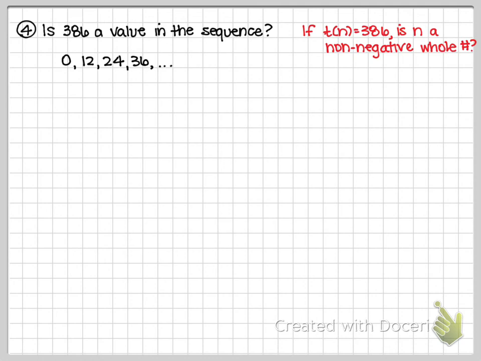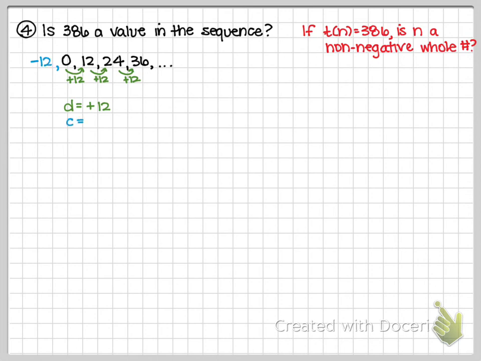All right, take a look at this. Common difference looks like it's plus 12. All right, let's go ahead and write down that d is going to be equal to positive 12. Okay, let's go back. Let's see if we can find out what the 0th term would be, and I think that's going to be a negative 12.